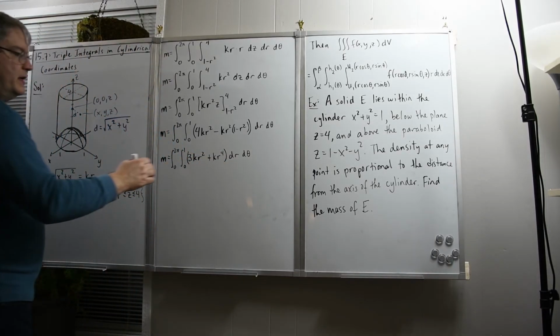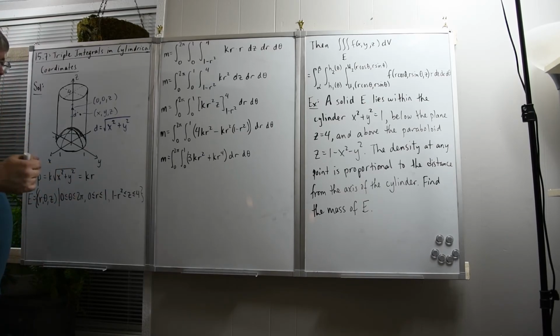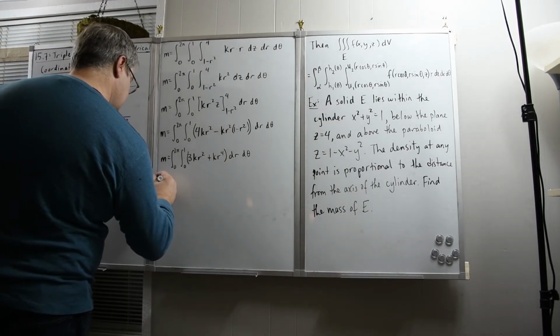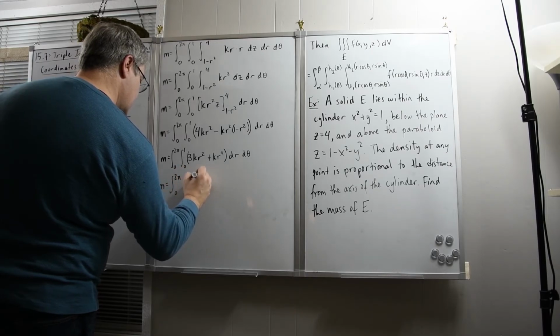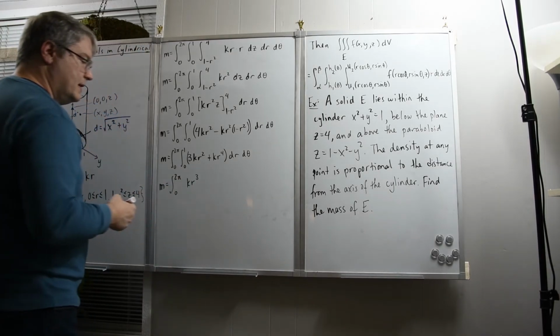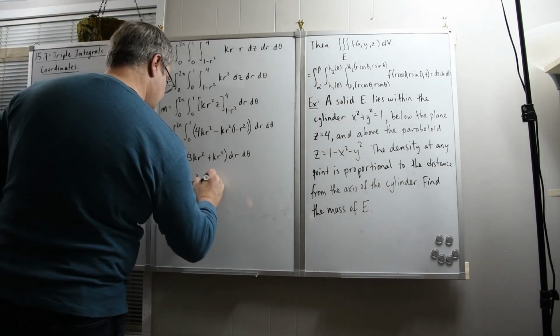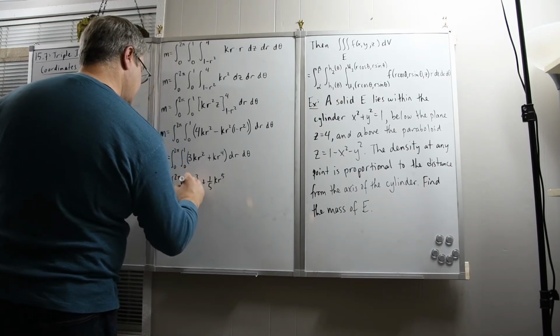And so now we integrate the 3kr squared. That gives us 3k times r cubed over 3. It's kr cubed. And then the kr to the 4th integrates to k times r to the 5th over 5, or 1/5 k r to the 5th.